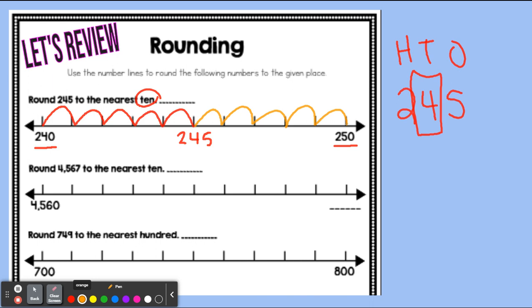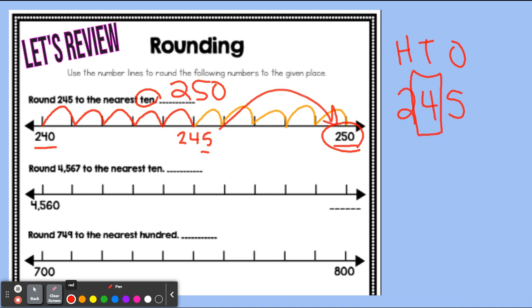So 5 jumps on one side and 5 jumps on the other. Since that's the same, we always round up to the next 10. So 245 is nearest 250. Anytime you see that 5, we're going to round up.